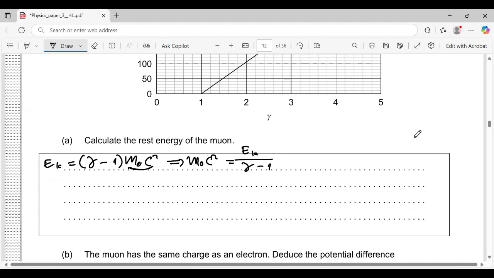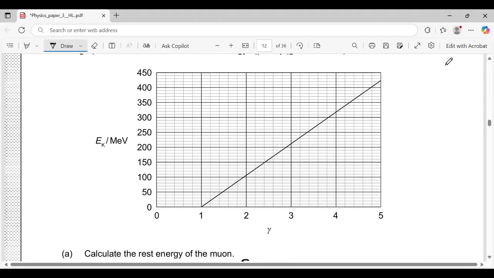We use this coordinate point, which is 5 and 425. So gamma is 5 and kinetic energy is 425 mega electron volts.